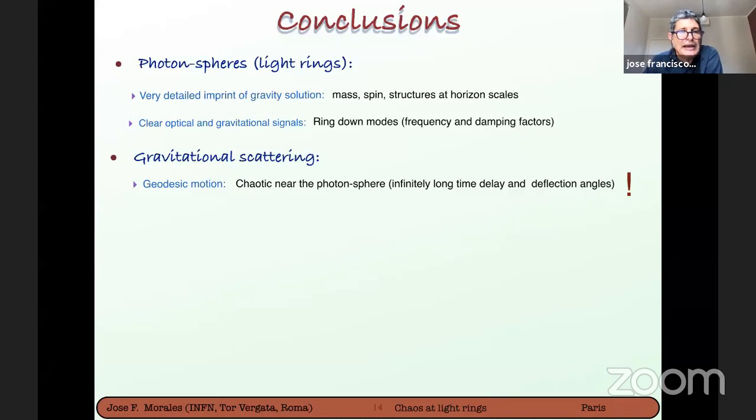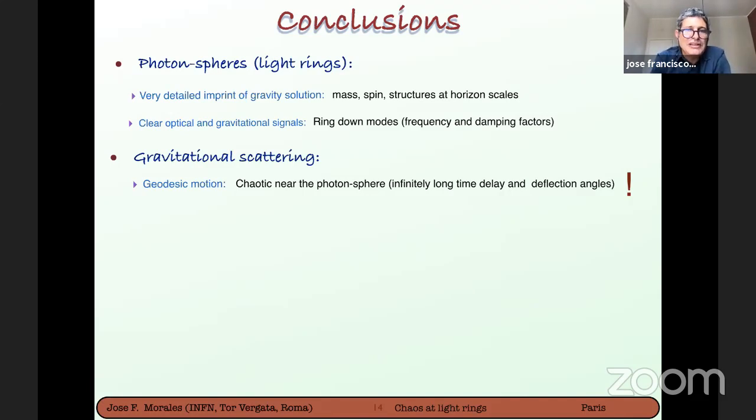Another nice point I want to stress is how powerful gravitational scattering is to understand the structure of geometries. This is not surprising. The first indication of general relativity came precisely from the deflection of light, 50 or 100 years ago, so it's not surprising that we are going around the same idea.